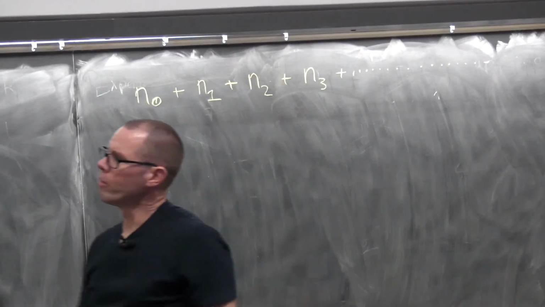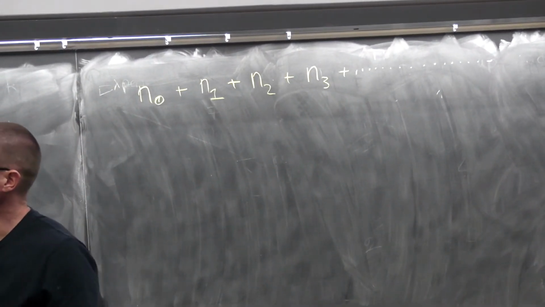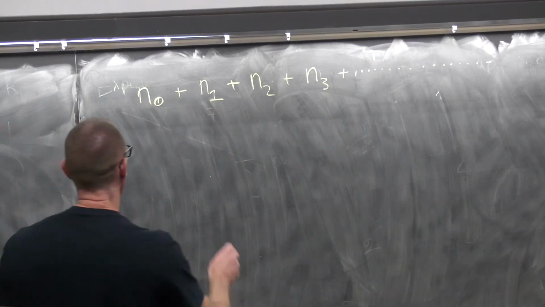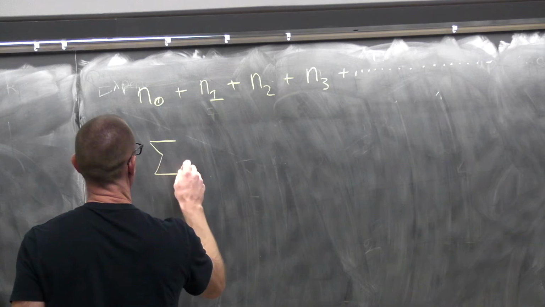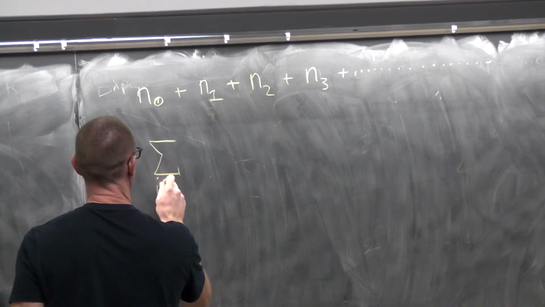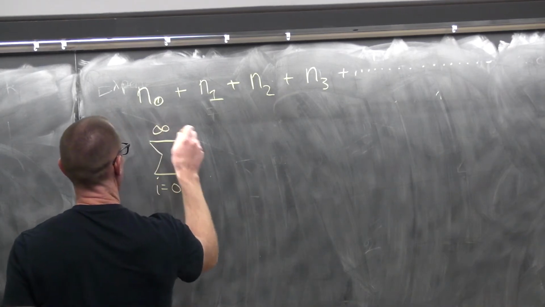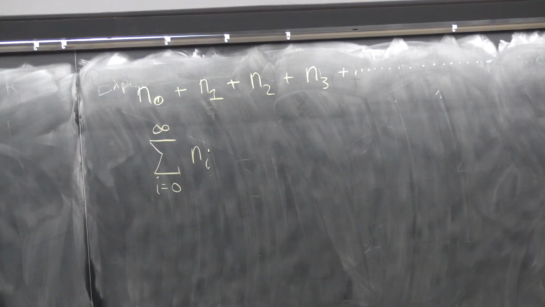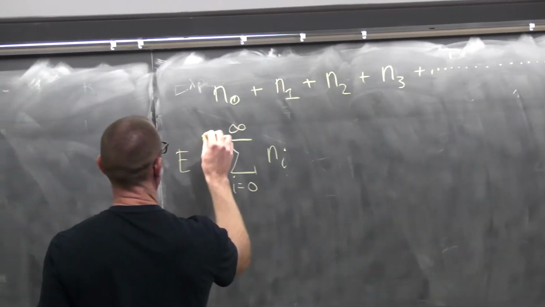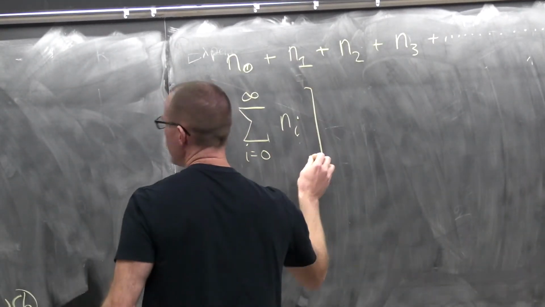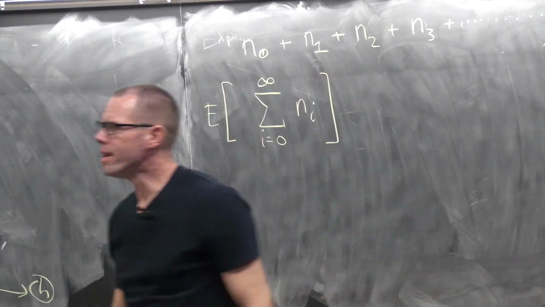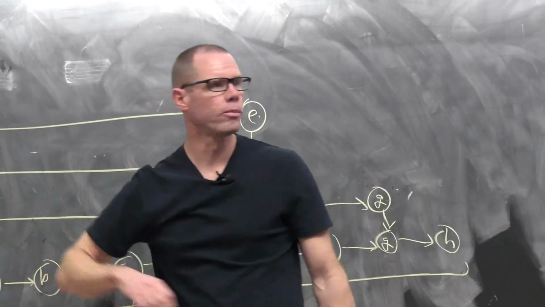And in general, we have no upper bound on the height of this thing, so there's somehow an infinite sum here. This infinite sum is the sum I equals 0 to infinity of n sub I. We would like to know the expected value of that thing, because that tells us how big the entire data structure is, not counting the sentinel.